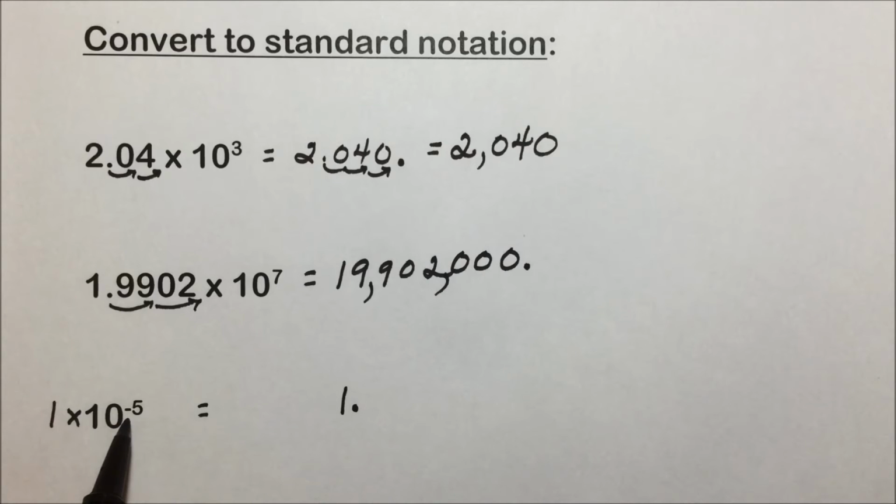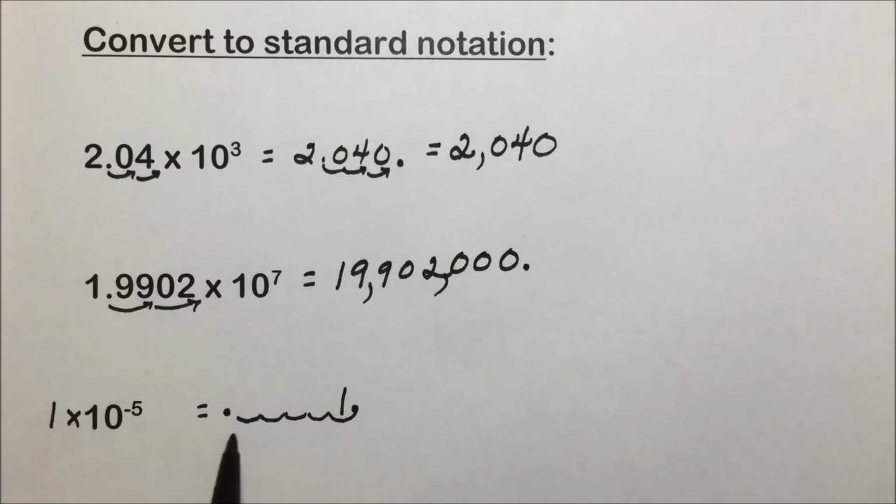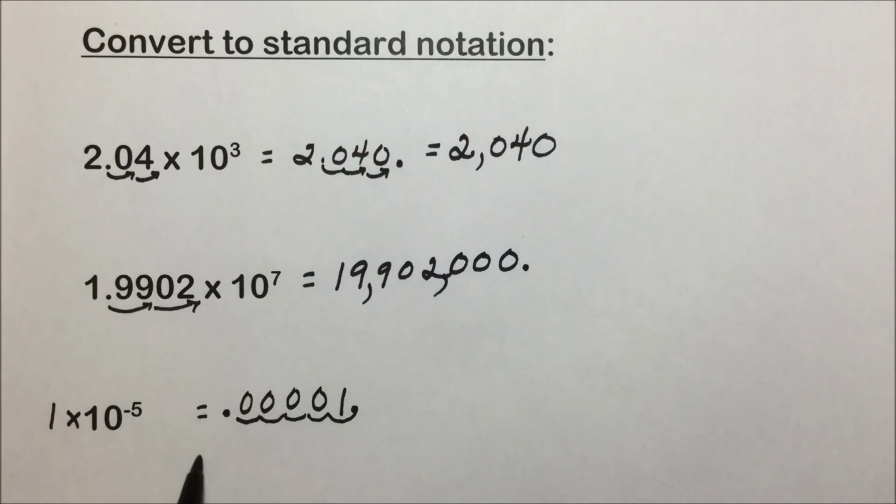And since we have 10 to the negative 5th, it means we need to move it 1 power of 10, 2, 3, 4, 5 decimal places, which means we need to put zeros for our placeholders. And again, here's our 1, 2, 3, 4, 5 place values for the equivalent standard notation of this original number that's given in scientific notation. So our final answer would be, oftentimes we put a 0 in front of the decimal so that our eye catches that decimal place, followed by 4 zeros and the 1.